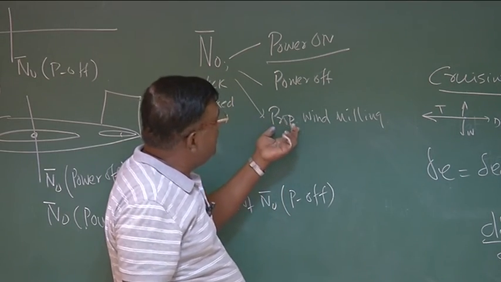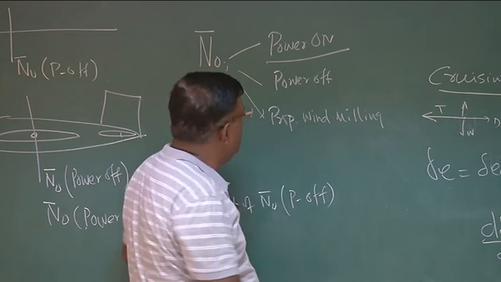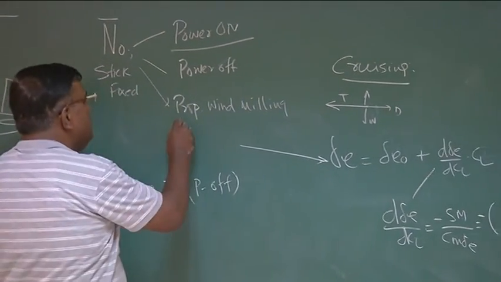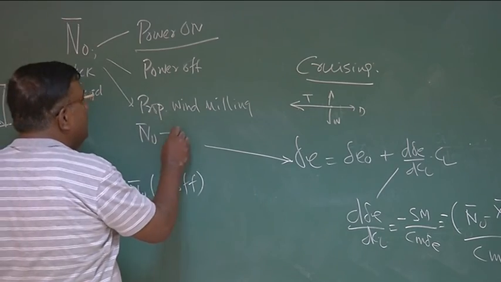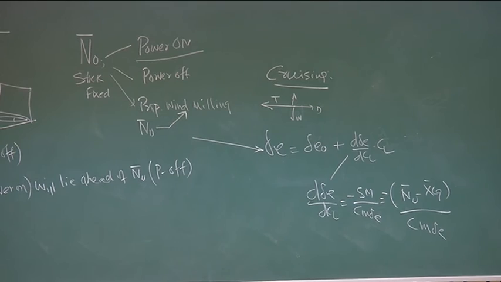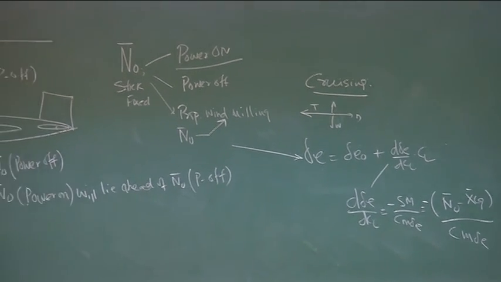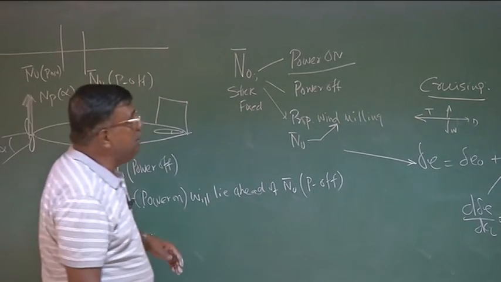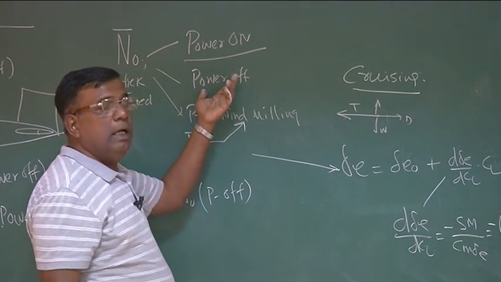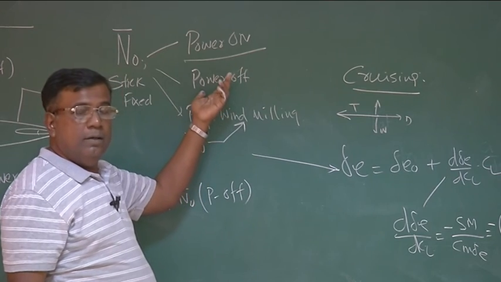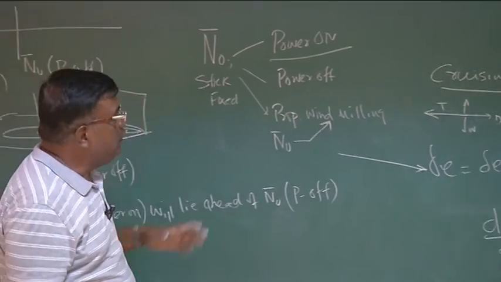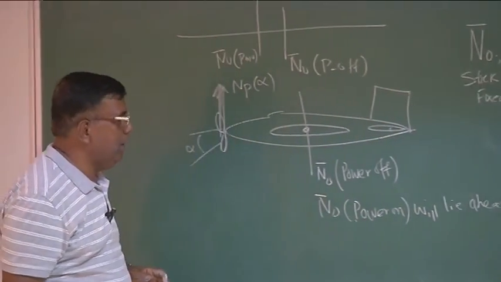So naturally, in this case, to find how much delta E is required for landing, I must use N naught corresponding to windmilling. I should not use N naught corresponding to power on, isn't it? And if the engine is off, if windmilling is not there, then I have to use N naught power off for calculation of delta E required, right? So that distinction should be there in your mind, okay?